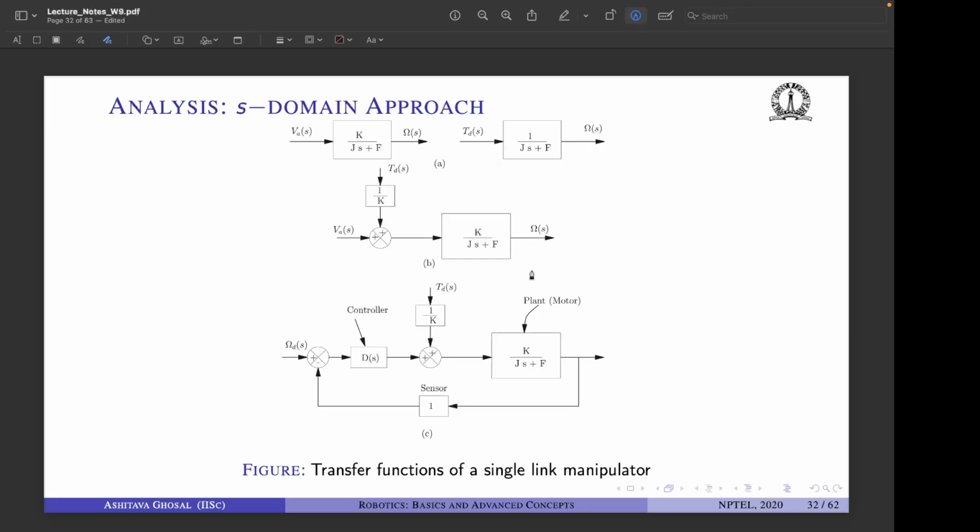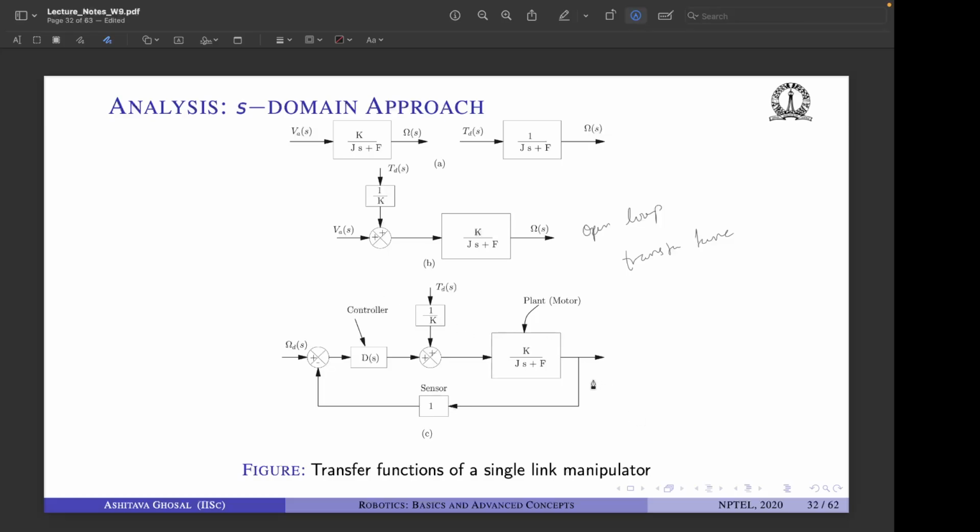So this is called the open loop transfer function. This is the open loop transfer function, right?